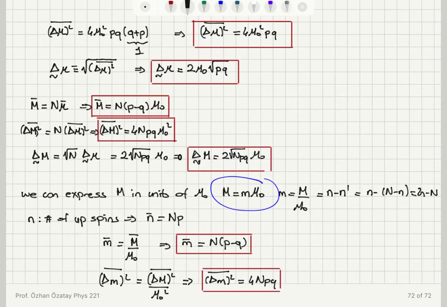And finally, for the standard deviation of m, which has the same dimension as the standard deviation of capital M divided by mu 0, that will give me, for the standard deviation of m, 2 square root Npq.